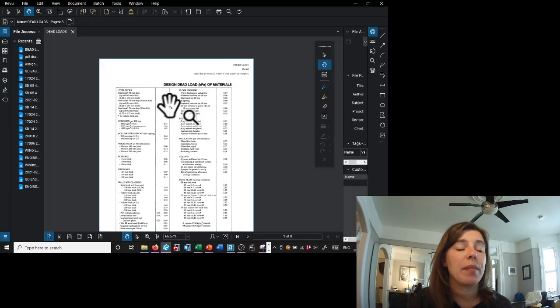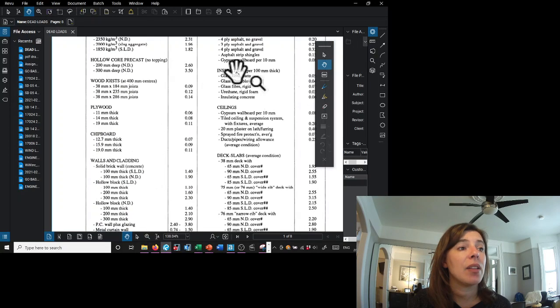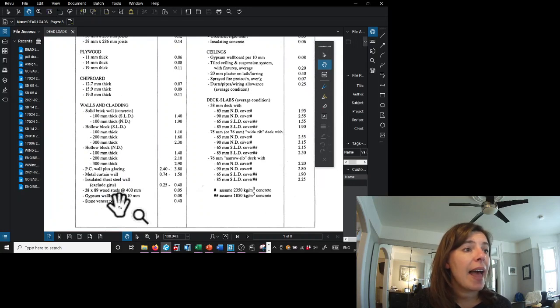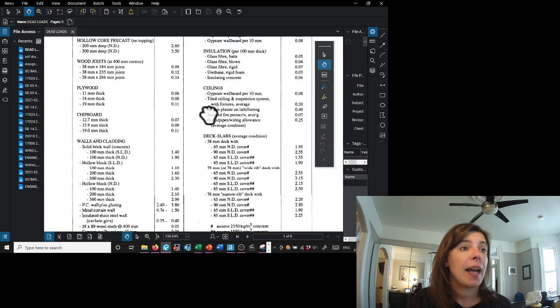pointing at. Okay, so the first thing was 19 millimeters of gypsum wallboard, or drywall is what we're talking about. They have it in a few spots. They have it in the roofing spot, and they have it in the walls and cladding spot, because we can use it in either space. The weight is the same.